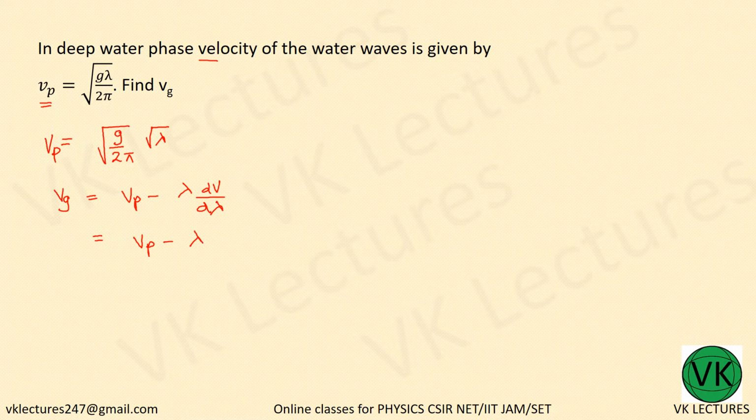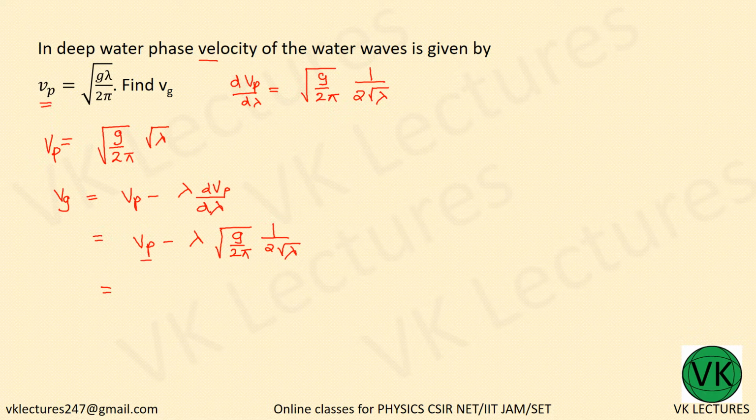Now we have to differentiate dVp divided by d lambda. The constant remains as it is, under root g divided by 2 pi, and the derivative of root lambda is 1 by 2 root lambda. So dVp by d lambda is under root g by 2 pi into 1 divided by 2 root lambda.